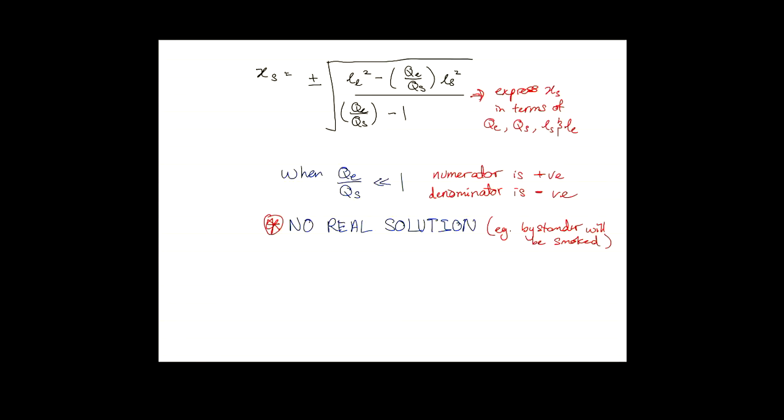Another condition, when qe over qs is greater than 1. Everything's fine, right? Then you have a positive value, so there is a real solution.